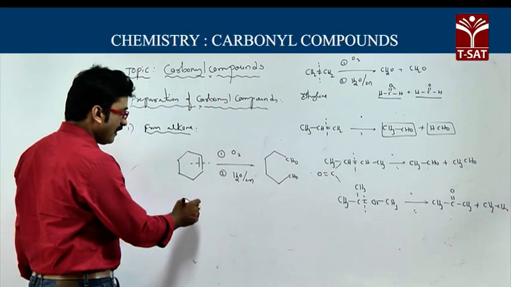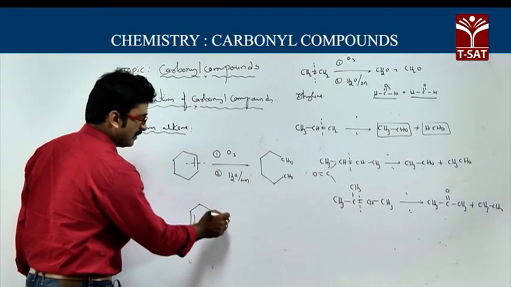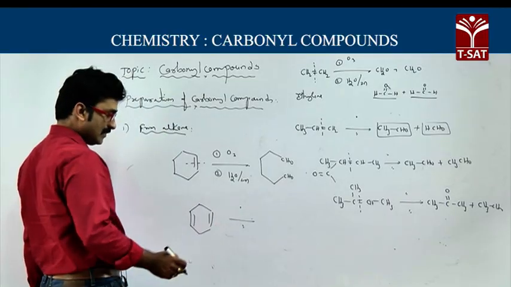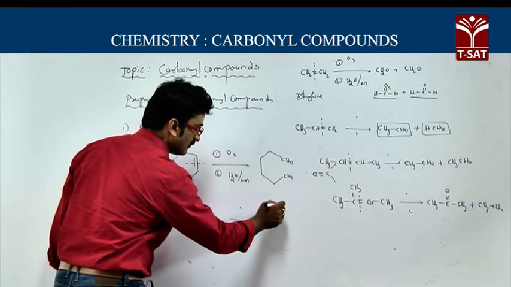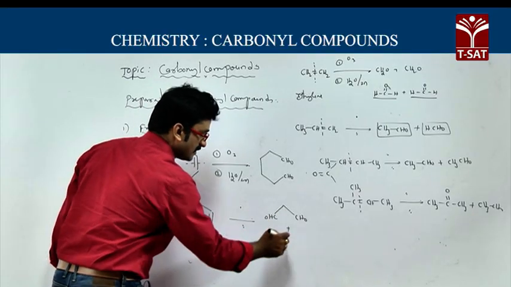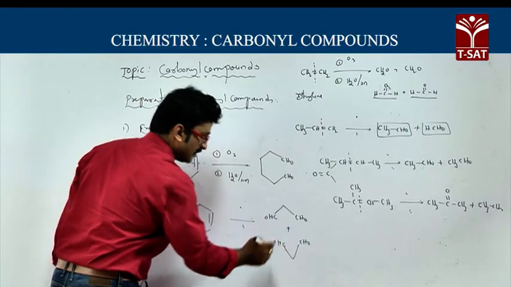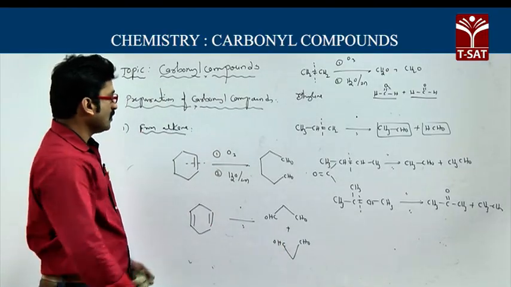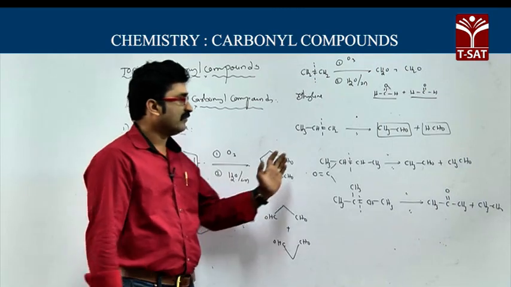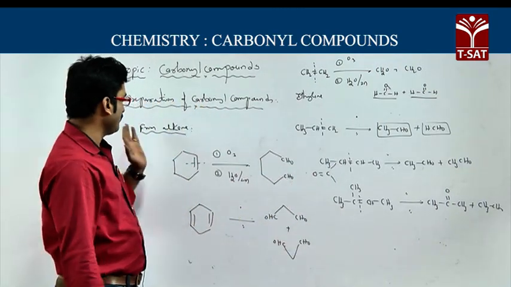Similarly, if you take this one with a double bond, this on ozonolysis, you will get CHO, CHO. So plus CHO, CHO.